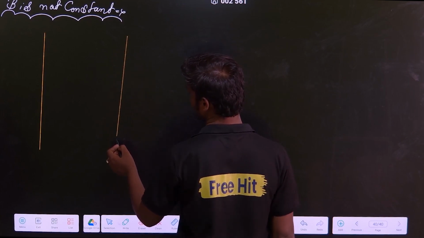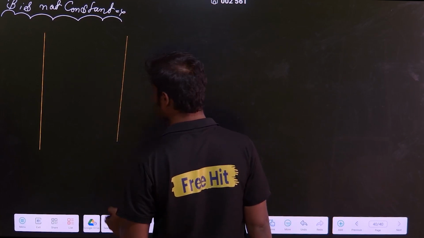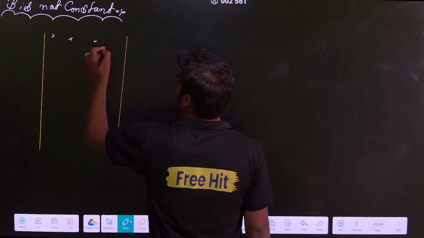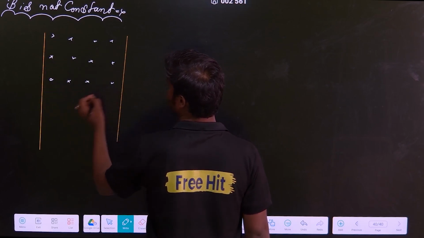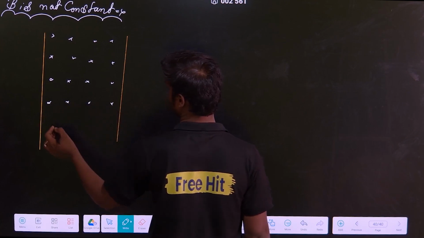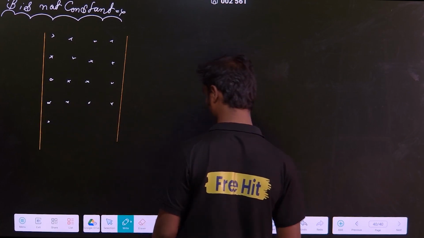Suppose this is my region where we have a magnetic field.